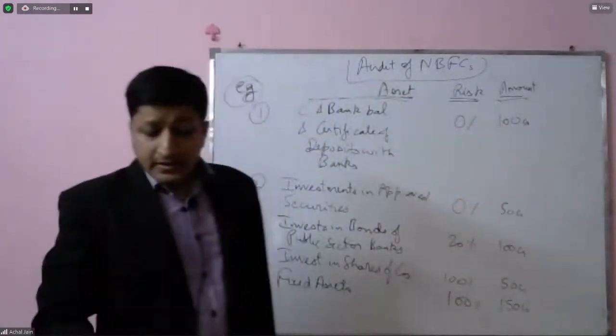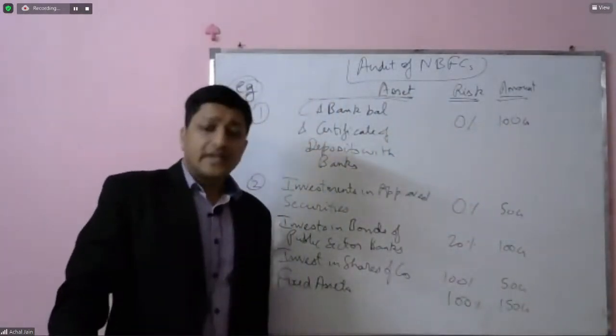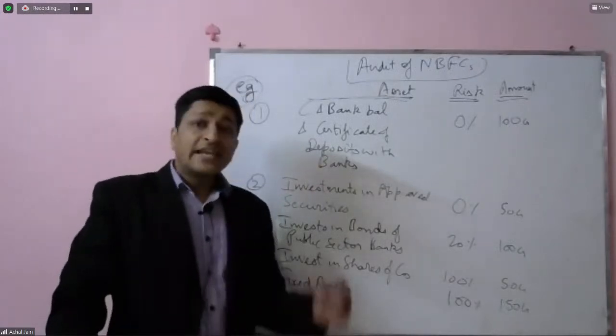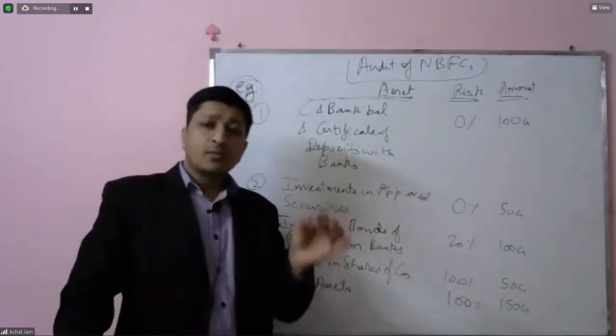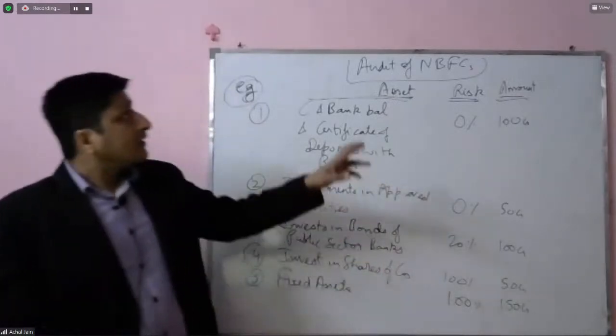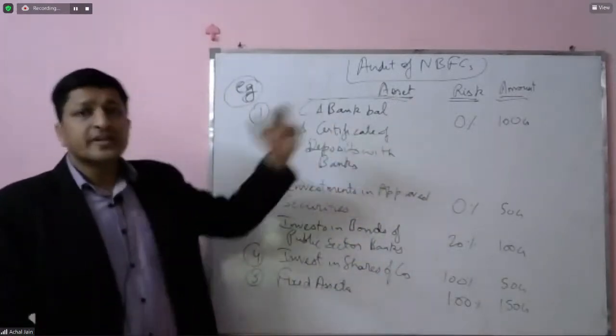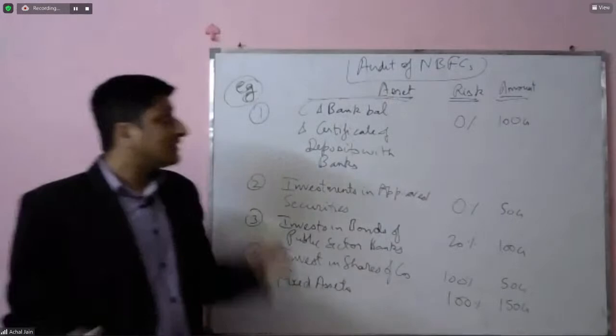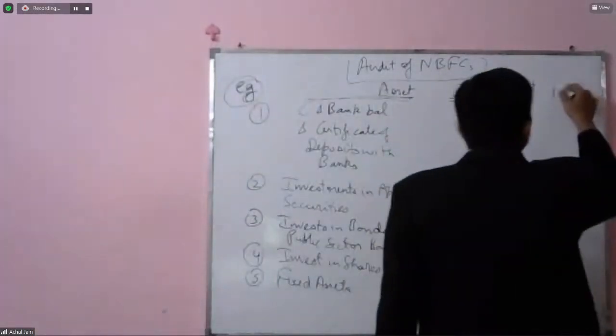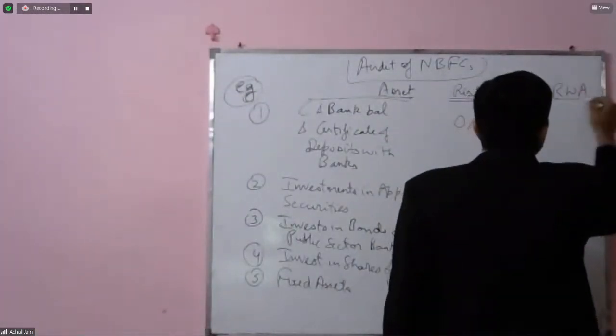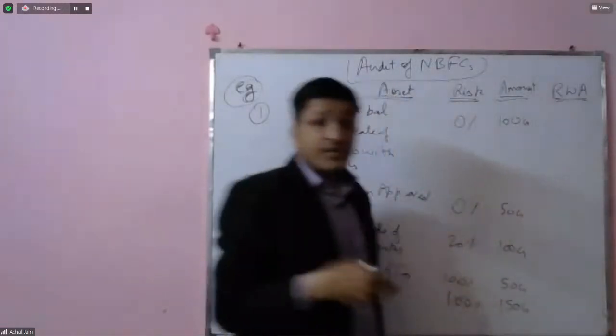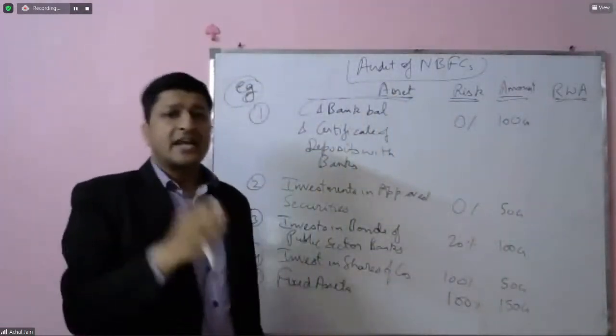Now, what is required to be done? The value of the assets is required to be obtained after attaching the weight of the risk to them. And that is what will be called the risk-weighted assets arrangement, wherein the weight of the risk has been attached.